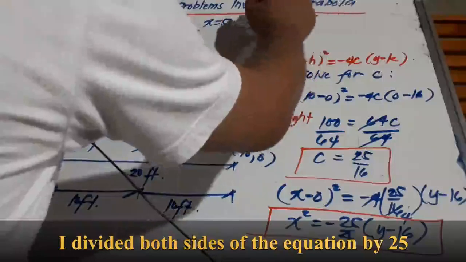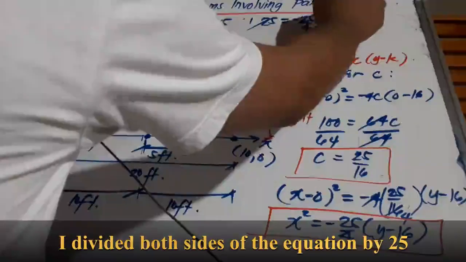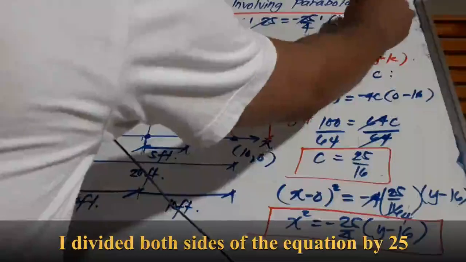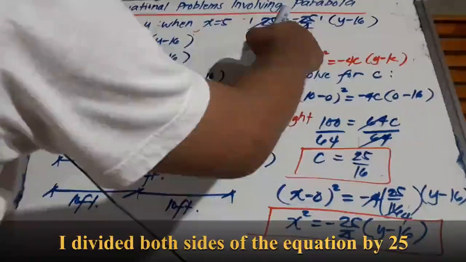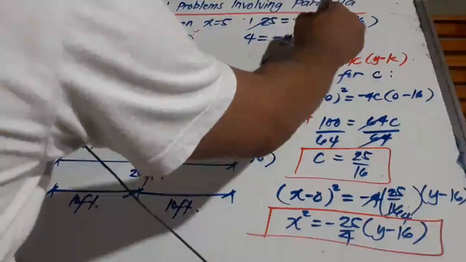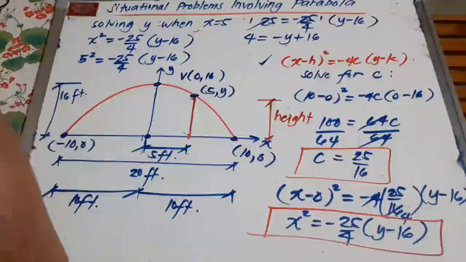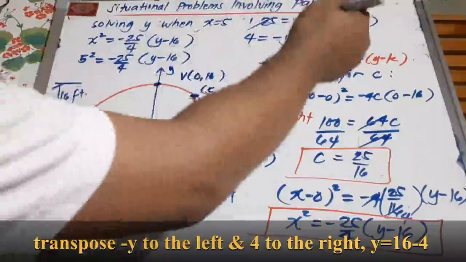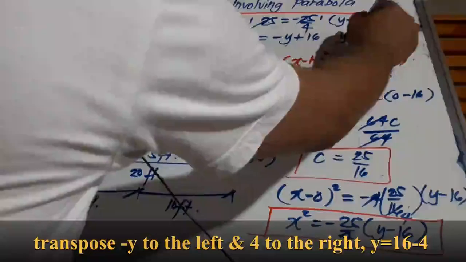So we can cancel these, 25 over 25 is 1. We have y minus 16. Cross multiply 4, so that's 4 equals negative y plus 16. And then, transpose y to the left and 4 to the right. y equals 12 feet.